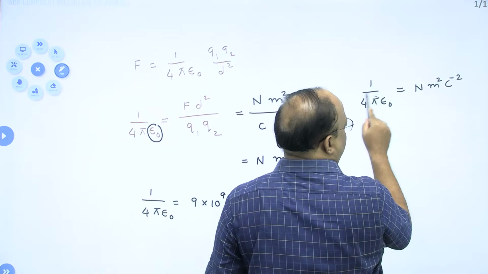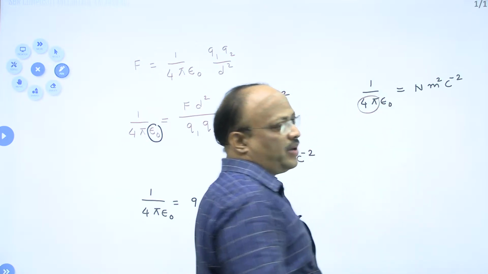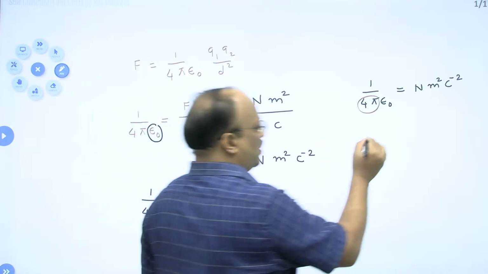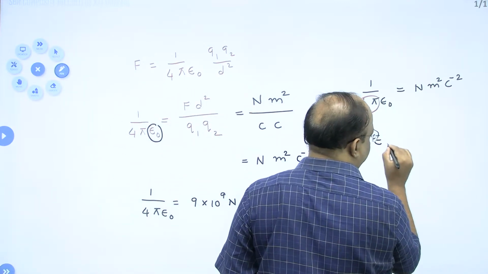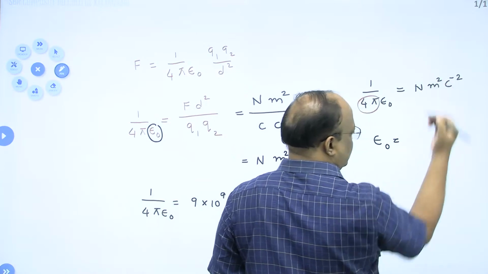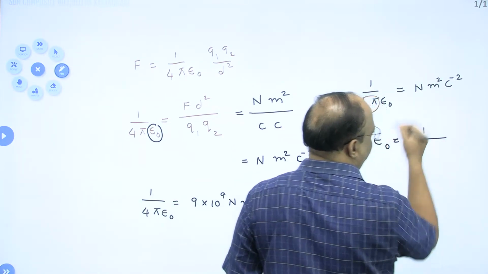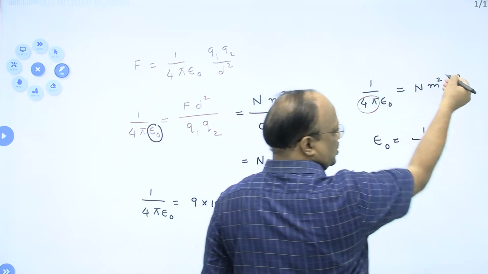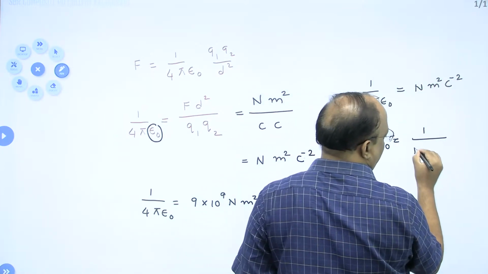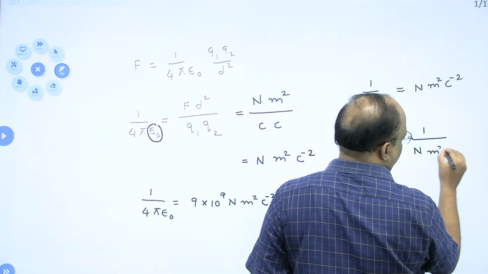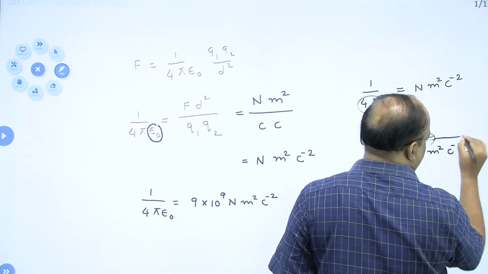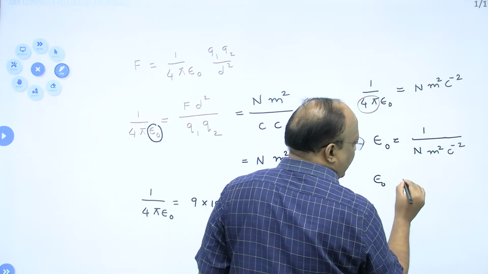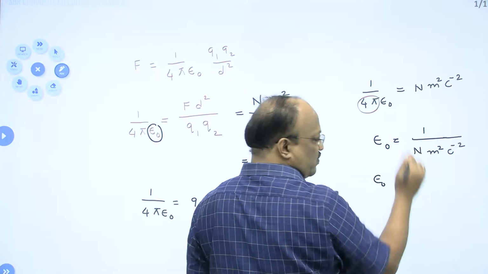So 4 pi does not have any unit. Therefore epsilon naught is the inverse of this, since 1 by epsilon naught is equal to this. So the unit of epsilon naught I can write as exactly the inverse of this.